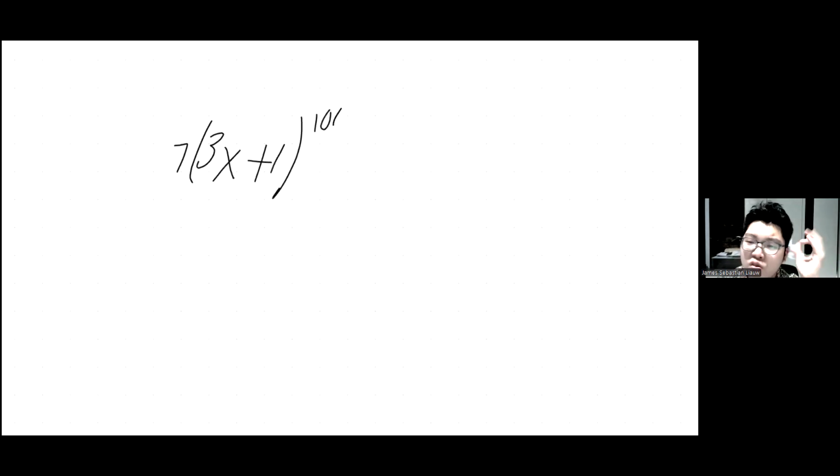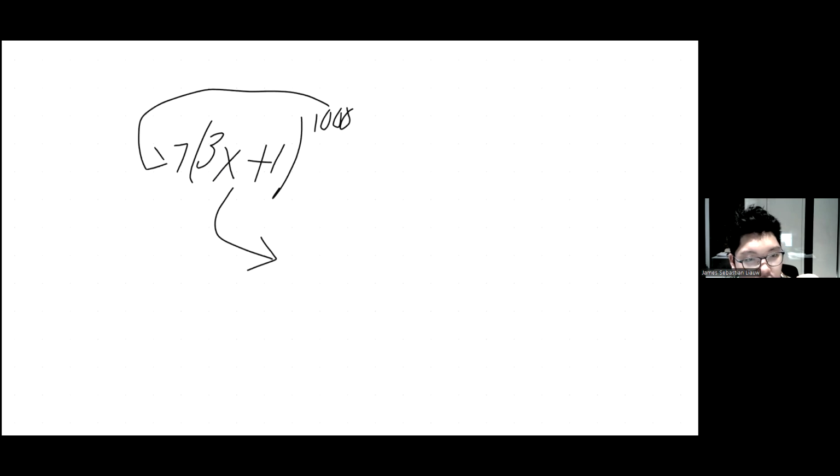If you can work this out in your head, this would essentially just be: for this kind of thing, you drop the power, turn it into minus 1, and you times by the differentiation inside. Okay. So now what if you have something like this?